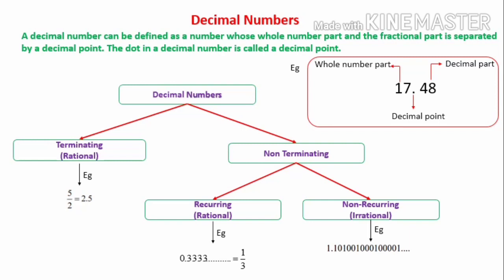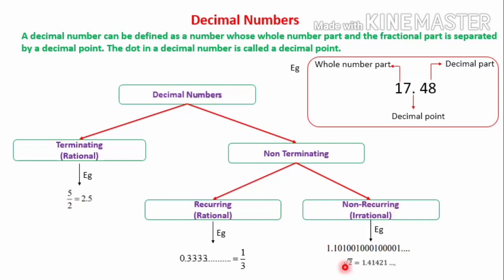Consider an example: 1.101001000100001... These types of numbers are non-recurring. Here of course 1 is repeating, 0 is also repeating, but they are not repeating periodically. This is an example of non-terminating non-recurring decimals.